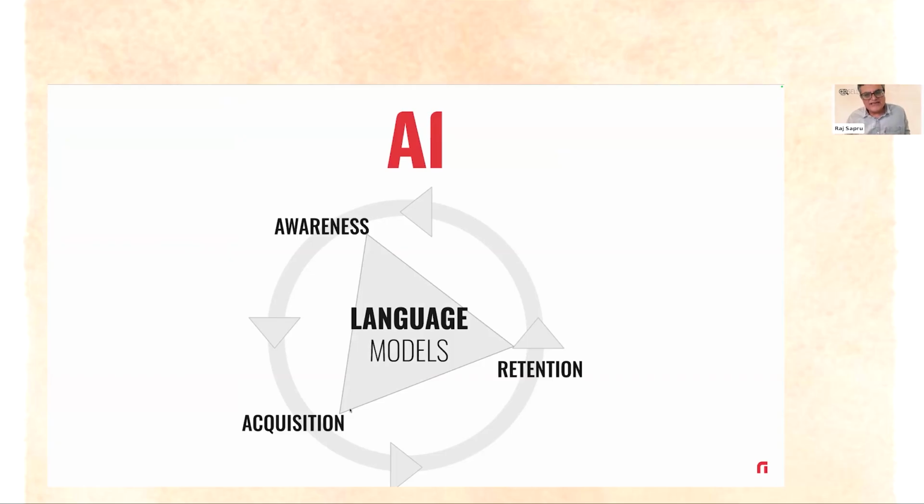Brands that are doing well, and sellers that are doing well, and all organizations that are doing well, are connecting awareness and retention and acquisition, and they're doing it in an easy way, and language is giving them a way to do that. So when we think about AI innovation, how to integrate AI into tools and what you're doing, think about the language aspect of all of that.